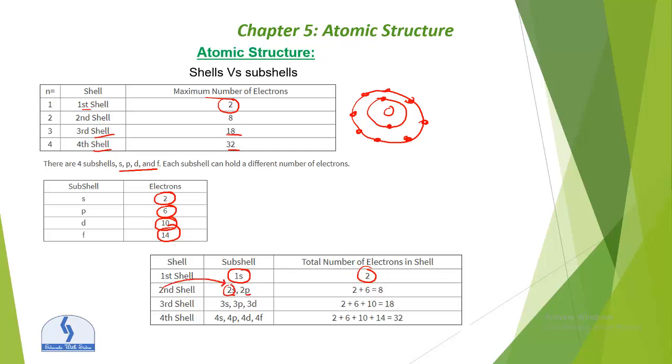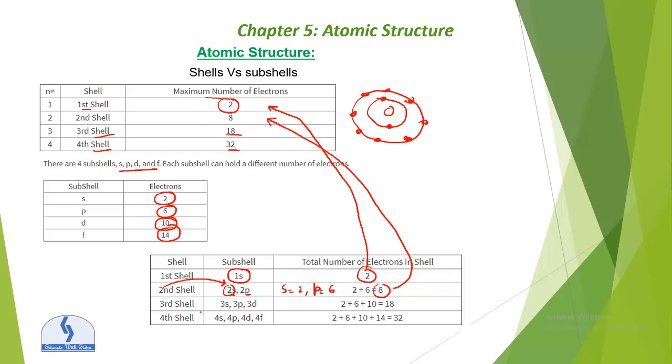It has 2 subshells, that is 2s and 2p. So how many electrons in S? For S, we already know the electrons will be 2, and for P the electrons will be 6. So 2 plus 6 will be equal to 8. That's why you see the first shell is 2 and the second shell is 8.